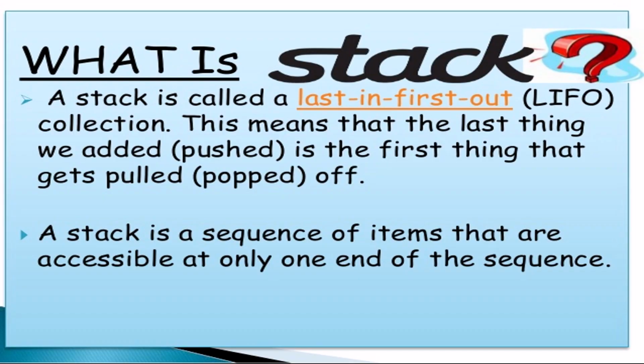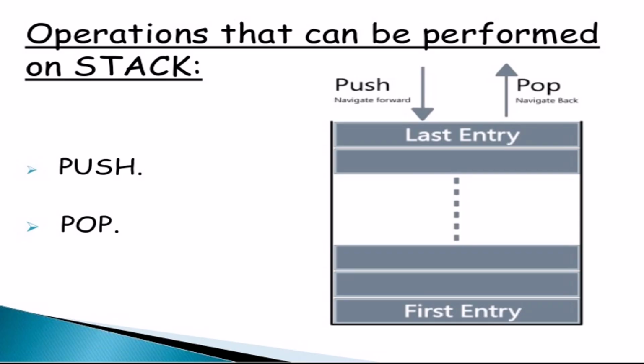Here's how a stack works with the two main operations, push and pop. A stack is like a stack of plates. You add new plates on the top and remove plates from the top too. This is called last in, first out.